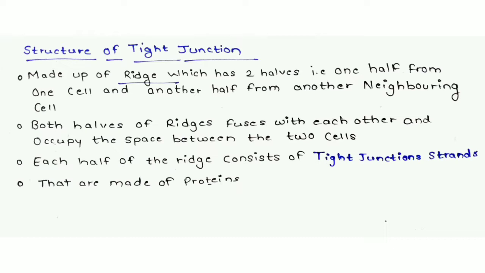One half of the ridge is from one cell and the other half is from the other cell. Both halves of the ridge fuse with each other to form the tight junction. Each half of the ridge consists of tight junction strands that are made up of proteins.